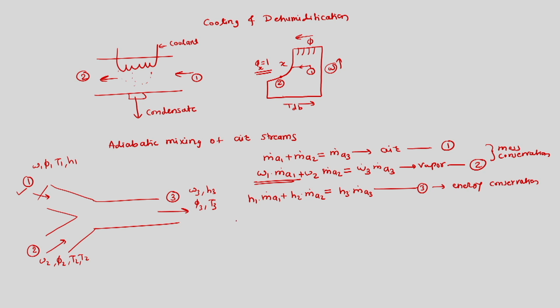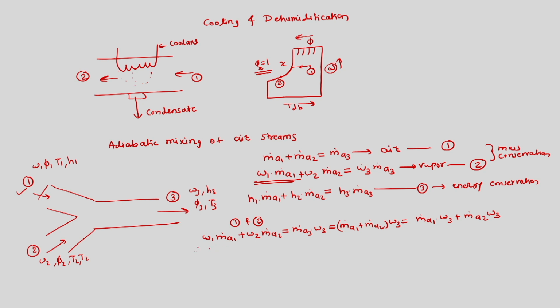Let us take equations 1 and 2. So we can write down omega 1 into m dot A1 plus omega 2 into m dot A2 gives us m dot A3 into omega 3, which is equal to m dot A1 plus m dot A2 into omega 3, which is m dot A1 omega 3 plus m dot A2 omega 3.